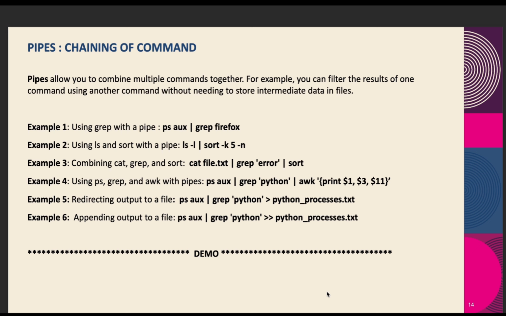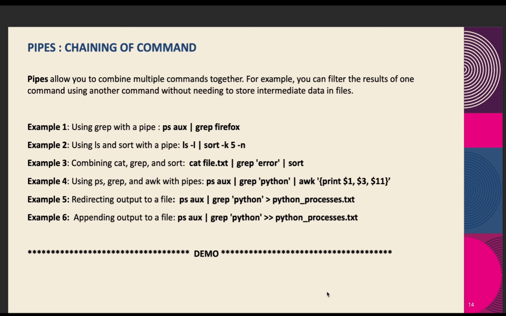And then if we apply sort, it will sort the data of the filtered lines alphabetically. So this is one example where we can use multiple pipes, where we are using three commands joined with two pipes.